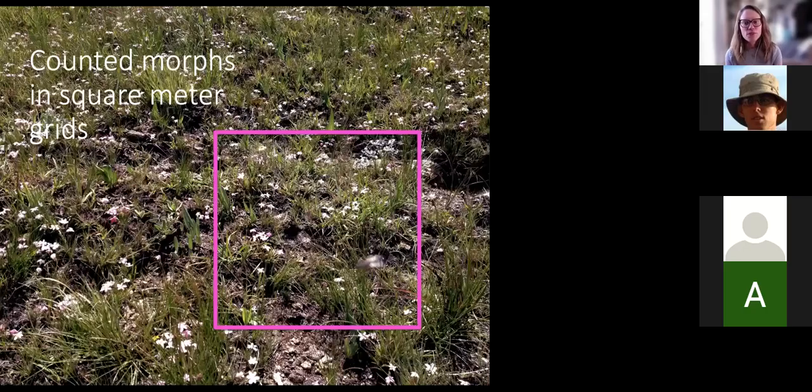So one of the things we did was we quantified color changes over the season by counting morphs. We throw down 12 quadrats at our sites, and we count the number of white flowers, pink flowers, the number of senesced flowers. Once November rolls around, the plants seem to start setting seed more then.